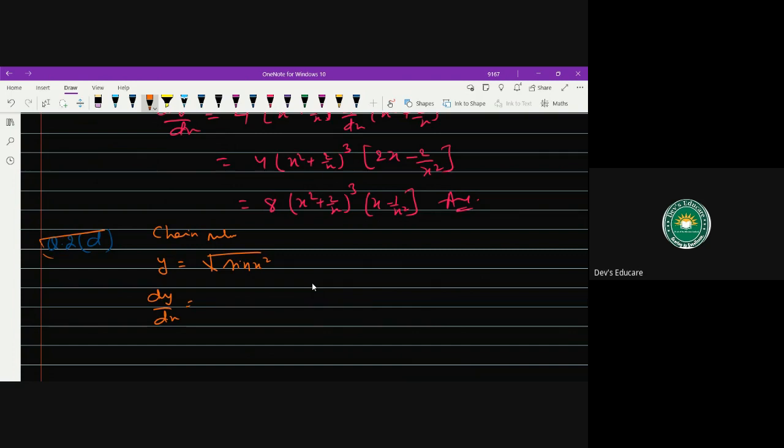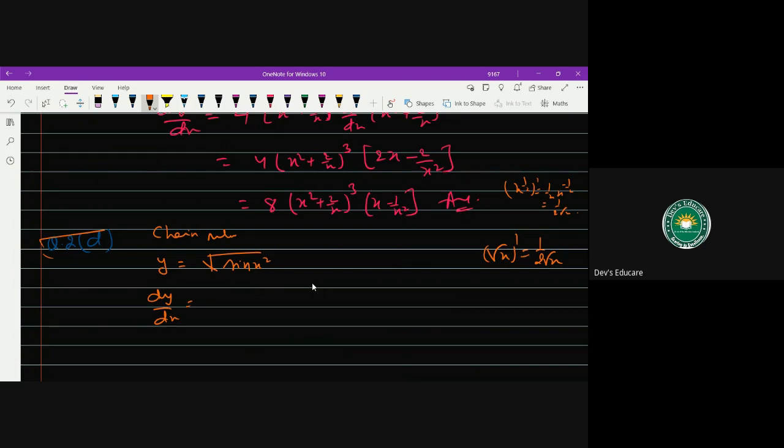What is the derivative of root x? Derivative of root x is 1 over 2 root x. How is it? x to the power half, derivative half x to the power half minus 1, minus half. So finally this will be 1 upon 2 root x.